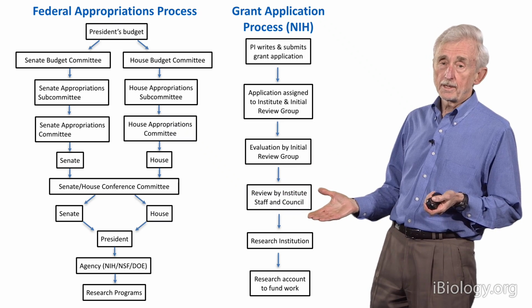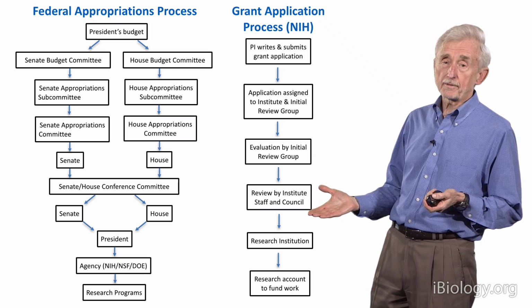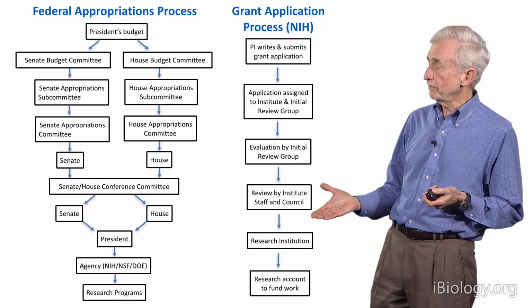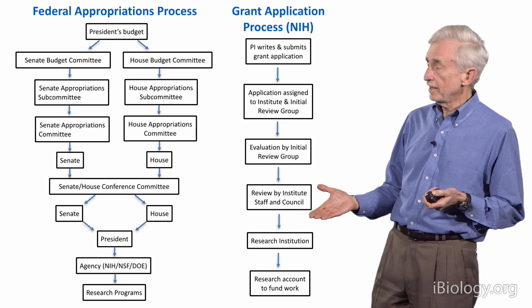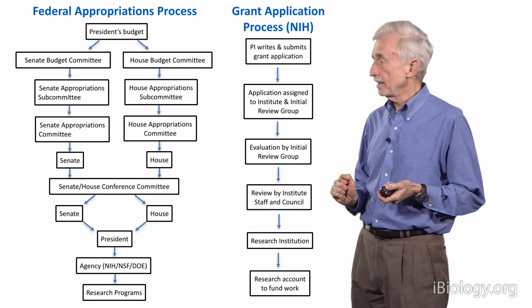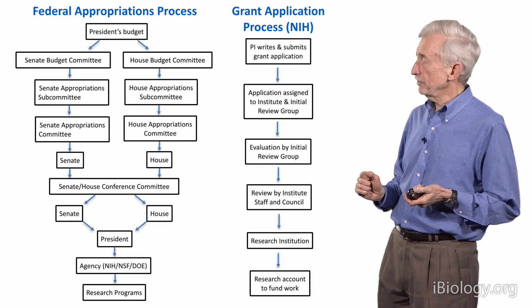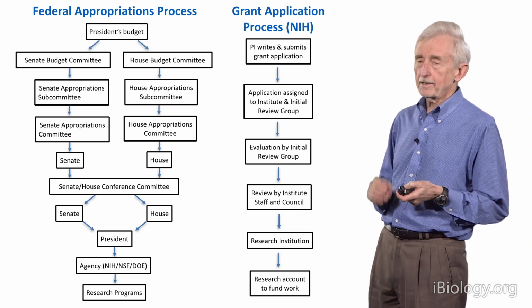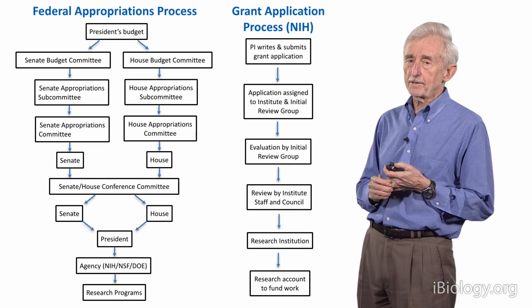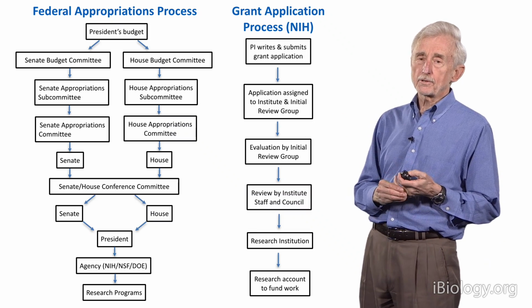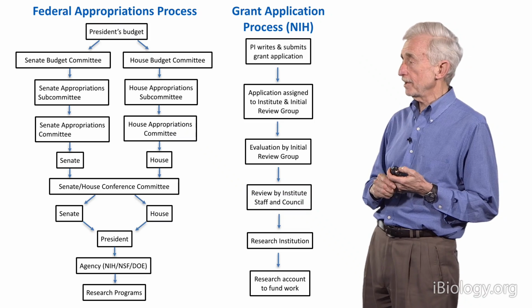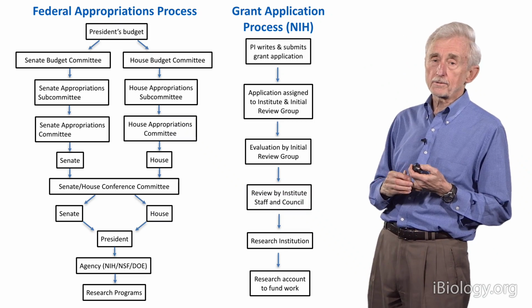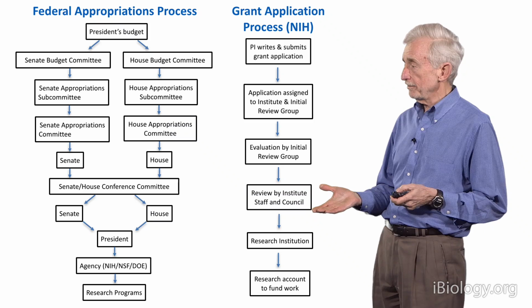Then the institute staff and the council of the various institutes look at the grants that have been reviewed for their applicants and decide on funding. As most of you probably know, there's not strictly a cutoff between those who get funded and don't get funded in terms of priority scores, but many other things are taken into account in addition to priority scores when making a decision about funding.